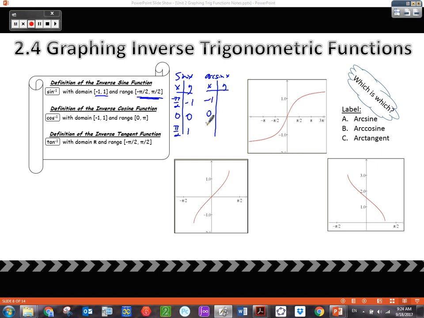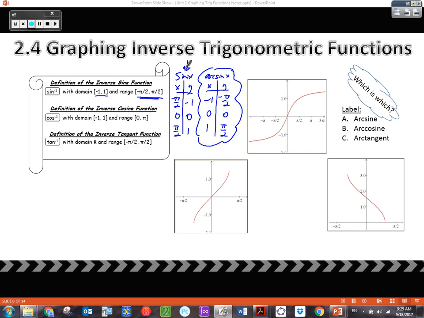So my x values now are negative 1, 0, 1, and my y values are negative pi over 2, 0, and pi over 2. So these are the parent points of arc sine that it's going to be important for us to know. If you can't memorize them, or that seems like too daunting of a task, then just know the regular sine values and just reverse them. Just switch the x's and the y's.